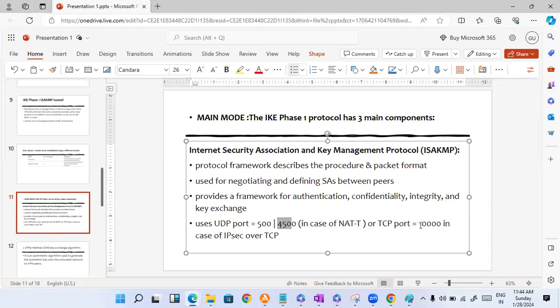Different vendors have different settings, but this is universal to IPsec tunnel setup: UDP port 500 and 4500 for NAT traversal. If you are troubleshooting and the tunnels are not getting set up, verify these ports are allowed on the firewall end, to communicate over the network.